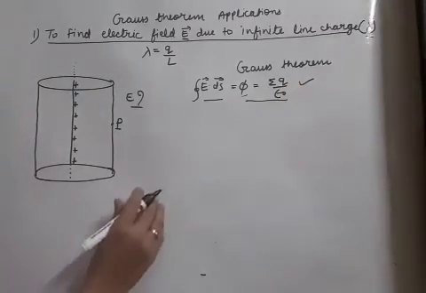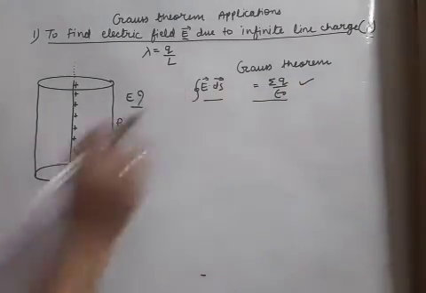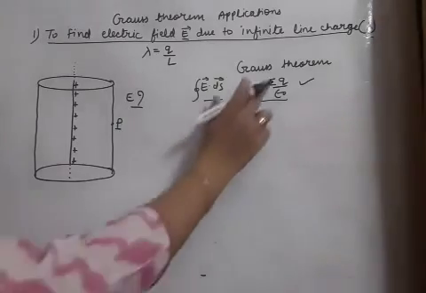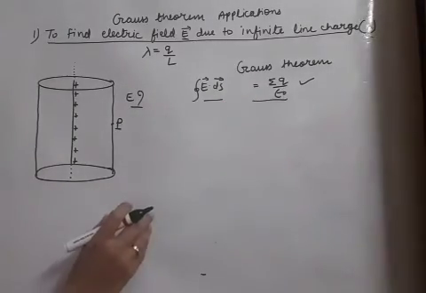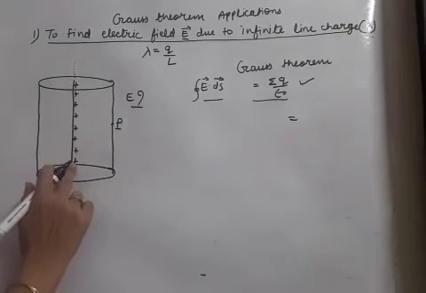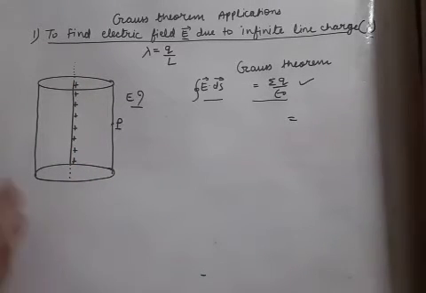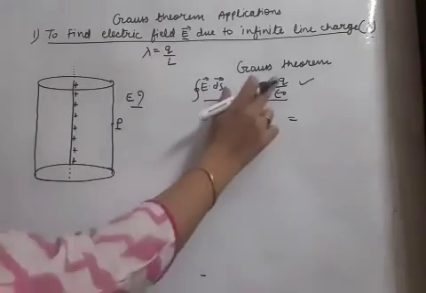First step is this only. We don't want this phi symbol now anymore. So integration of E dot ds is summation q upon epsilon 0. Summation q means what is the total charge enclosed inside. Outside charge we can forget. We don't have to count it in the Gauss theorem. So what is the total charge enclosed?